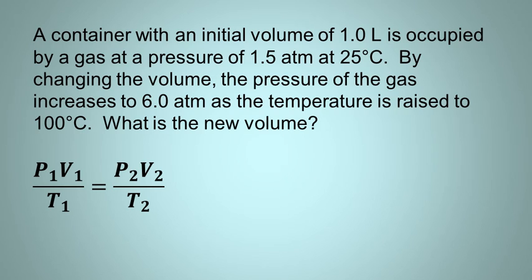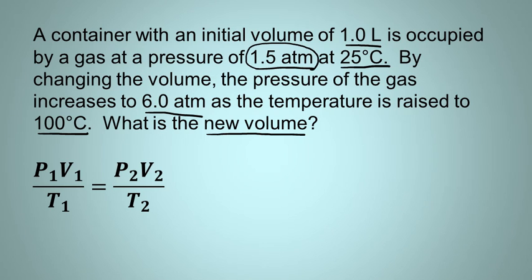So we know that this is a combined gas law question because the volume is changing. It goes from 1.0 liters to some new volume. The pressure is changing from 1.5 atmospheres to 6.0 atmospheres, and the temperature is changing too, from 25 degrees Celsius to 100 degrees Celsius. So once again, we're going to use the combined gas law. So P1 is 1.5 atmospheres.